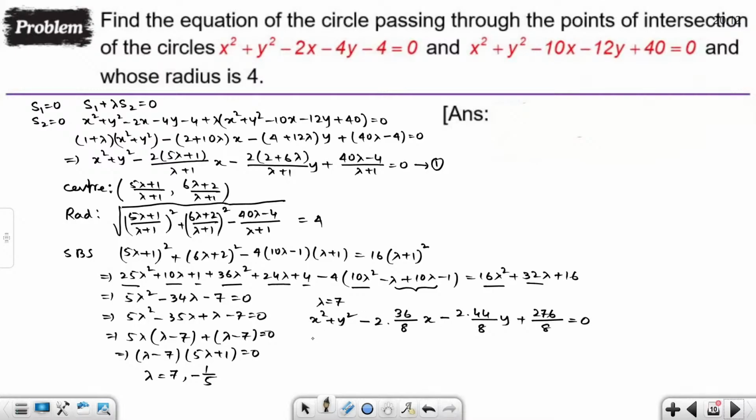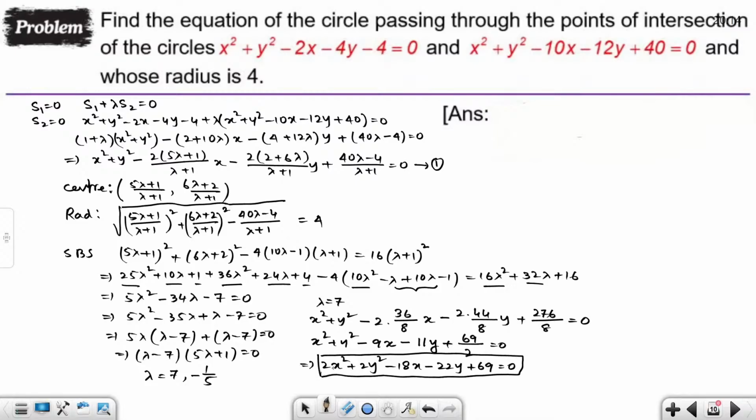Right? So let me just simplify a little bit. So if we cancel this, we are going to have, therefore the equation comes to... this is my one equation of the circle, and another equation of the circle we will get when we put lambda equals to minus 1 over 5.